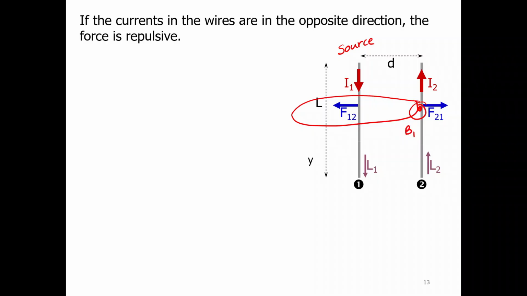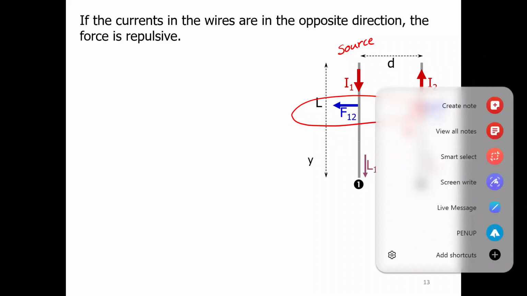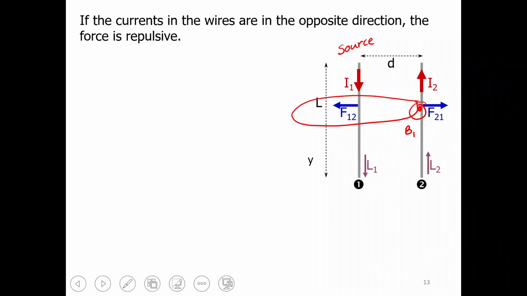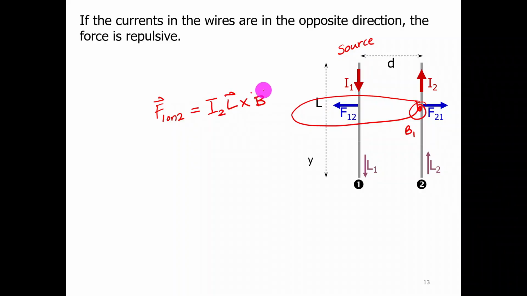So B1 is now out of the page at the location of that wire. And so our force of wire 1 on wire 2 is equal to I2 L cross B. That B is now B1, the one that's our source.